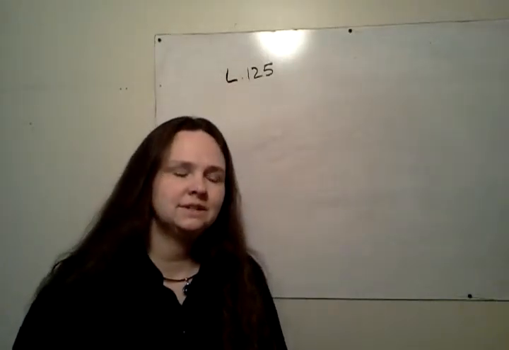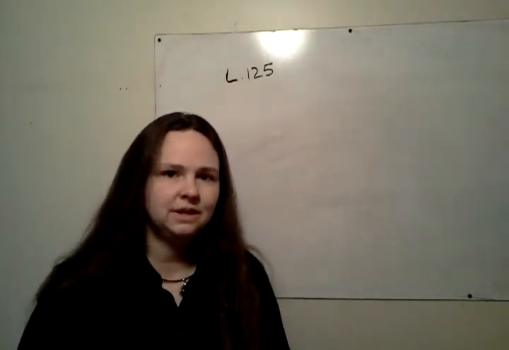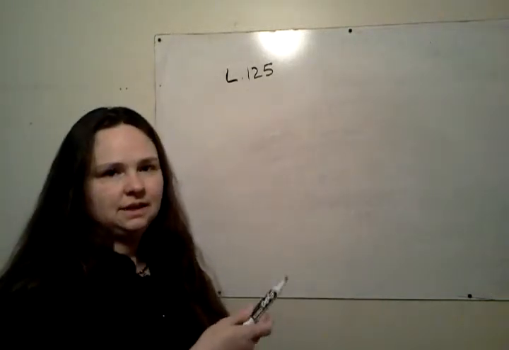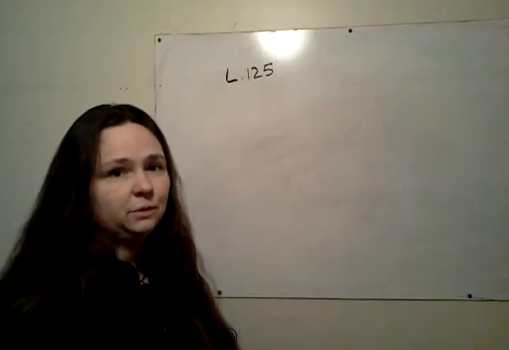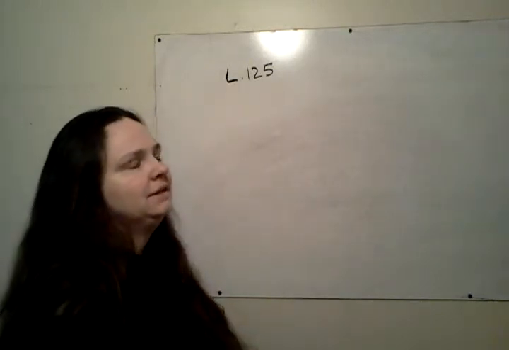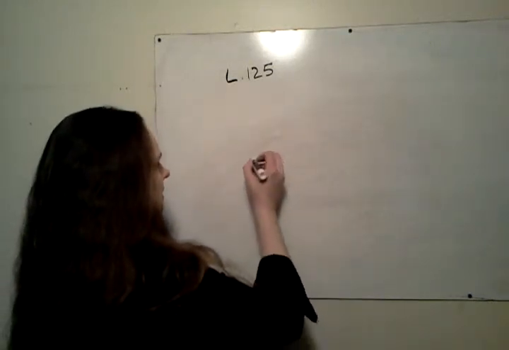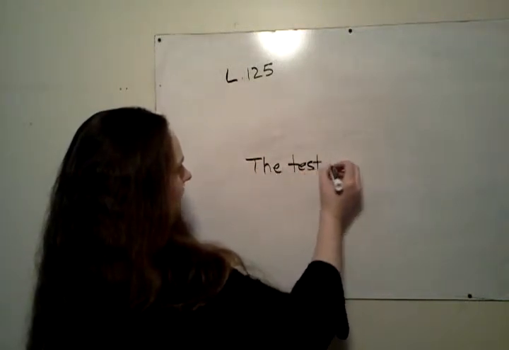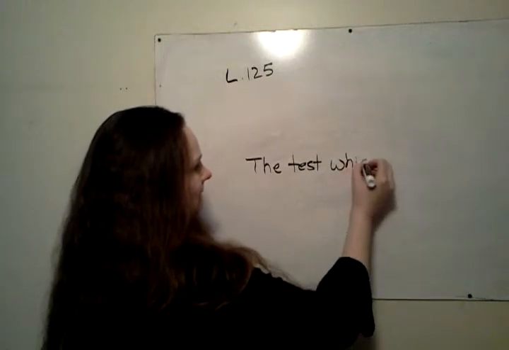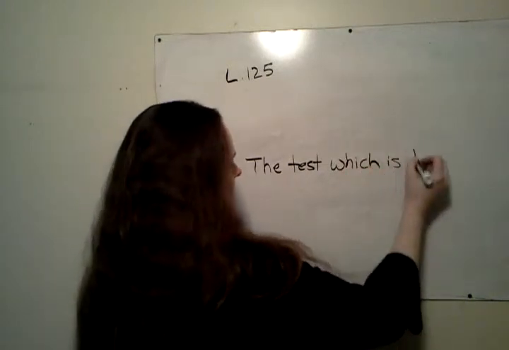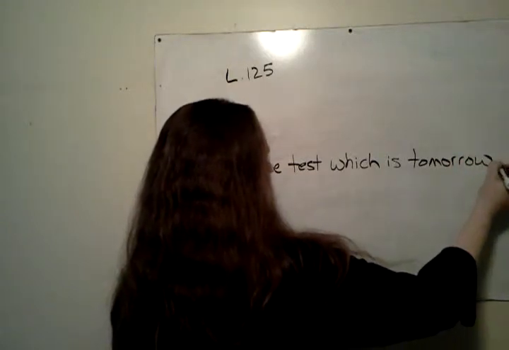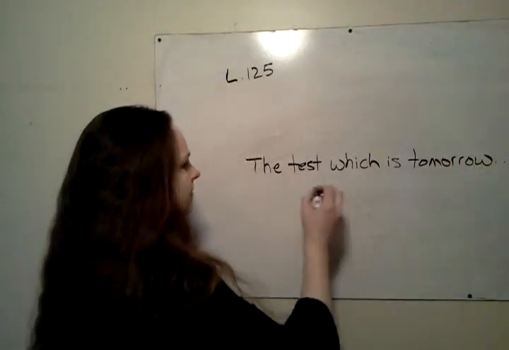Remember when we covered adjective clauses last week? We had the same thing, but we call those words at the beginning relatives. With an adjective clause, maybe we had a sentence that said, the test, which is tomorrow, is hard, or something.